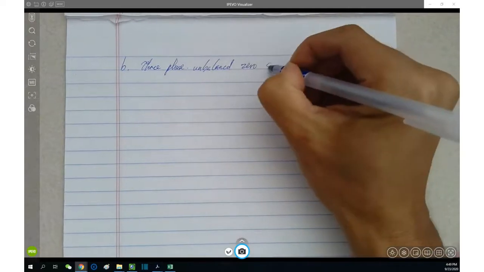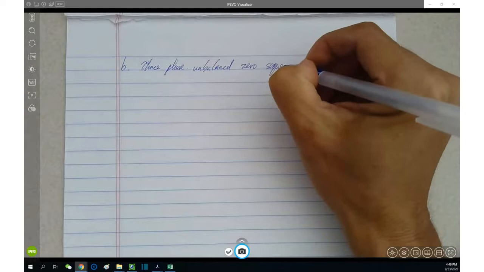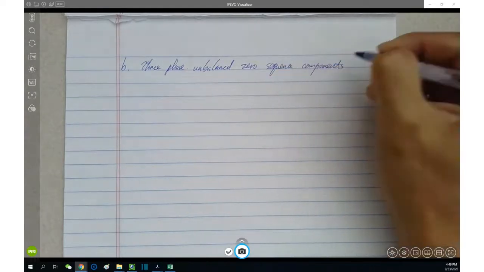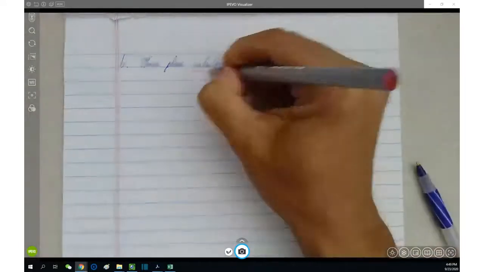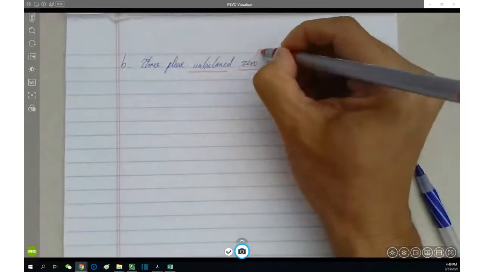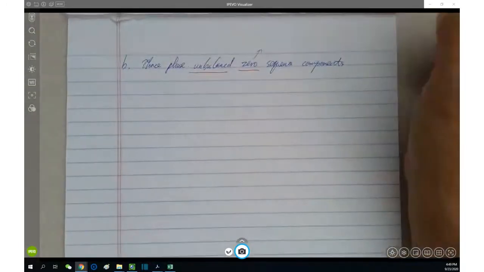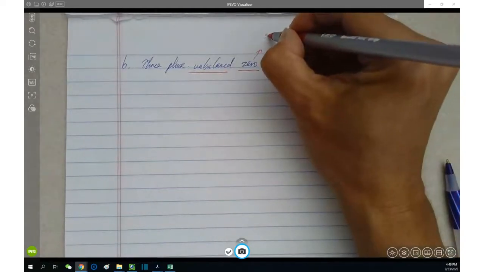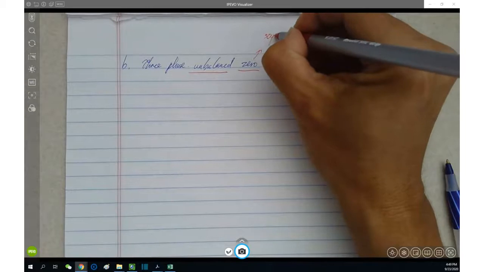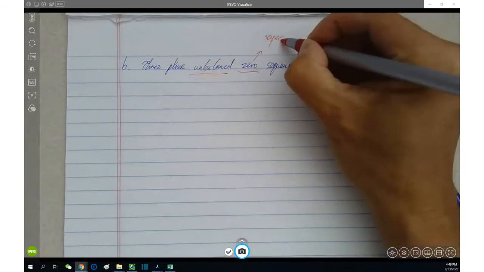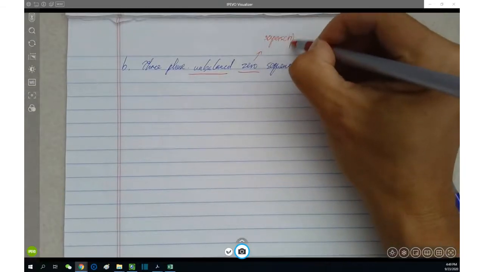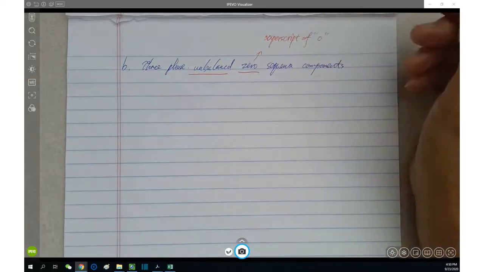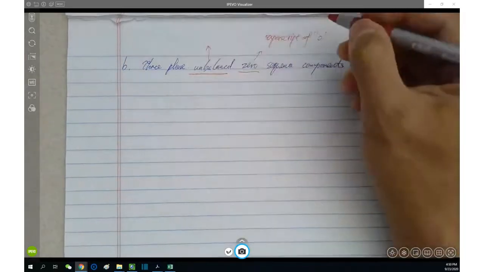Unbalanced zero sequence components. Zero sequence means what? We're gonna label them with superscript of 0. It is unbalanced. Why is it unbalanced?